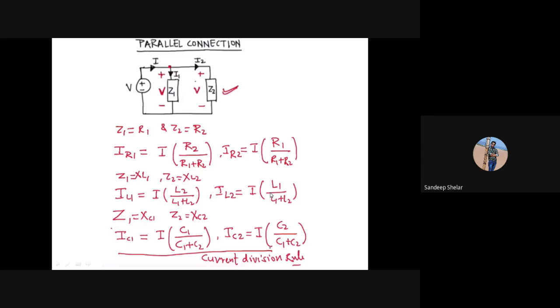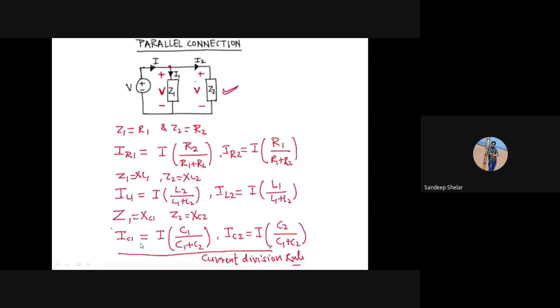Now again find out the current flowing through the capacitance, that is Z1 is equal to Xc1 and Z2 is equal to Xc2. Now obtain the current flowing through capacitor C1: IC1 is equal to I into bracket C1 upon C1 plus C2. That means put Z1 is equal to C1 and Z2 is equal to C2.